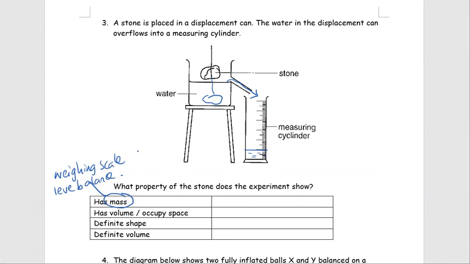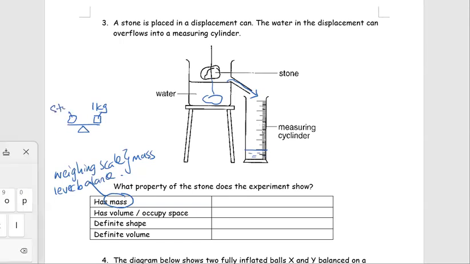So a weighing scale is used to measure mass alone. You cannot use a weighing scale to measure volume. If you have a lever balance like this, you put a stone here, and then you put, let's say, a 1 kg here, and if it balances, you know that the stone must also be 1 kg. This is a lever balance.